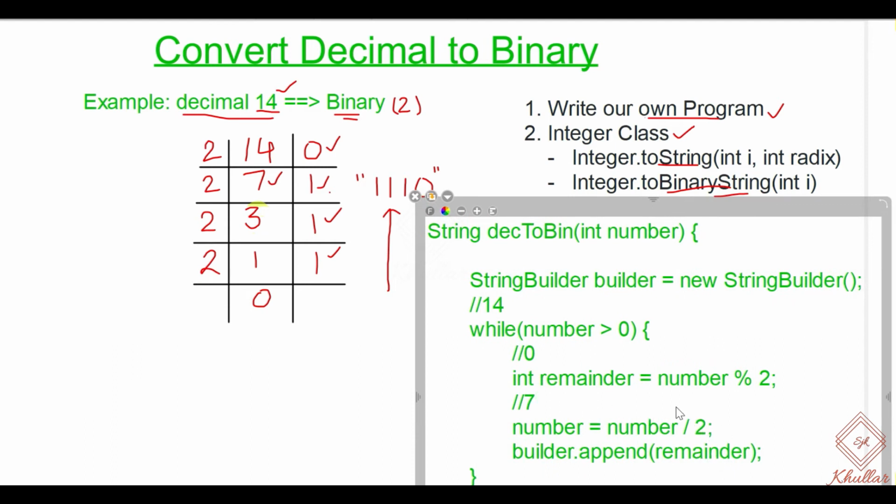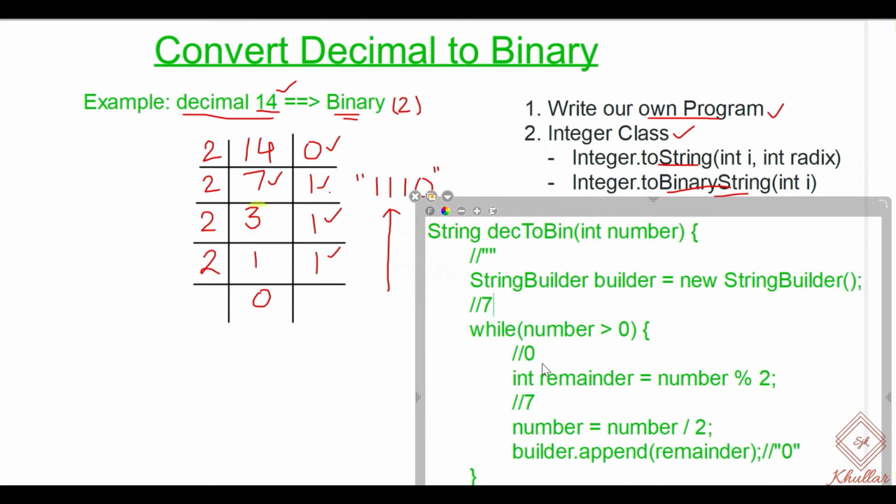Now the last thing we are doing is appending to the builder. Initially the builder will have no values, it will be an empty string. We append the remainder to the builder, so it becomes 0 after the first iteration. Next time we come here, the number is 7, because number became number by 2.